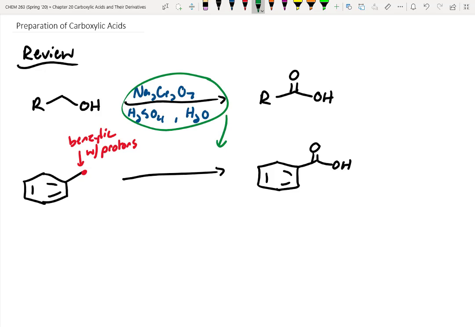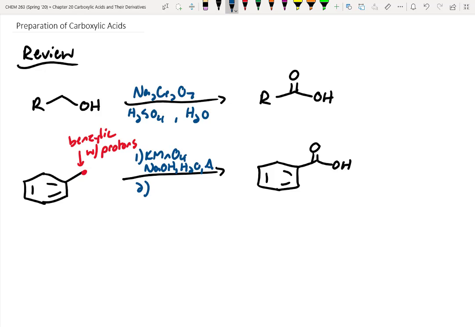Those also work down here. However, the commonly used reagents to avoid the chromium waste are KMnO4, NaOH, sodium hydroxide, and potassium permanganate, water, and heat, followed by an acidic workup. So let's make a note that chromic acid also works.